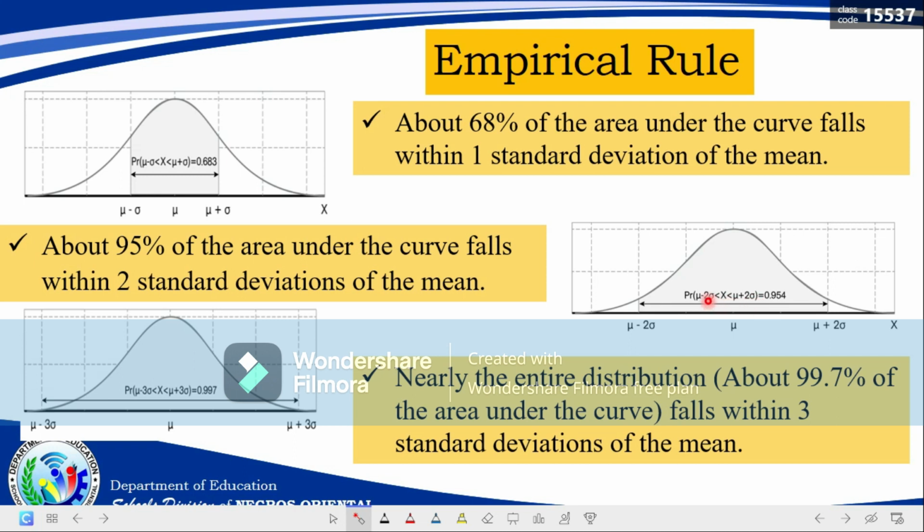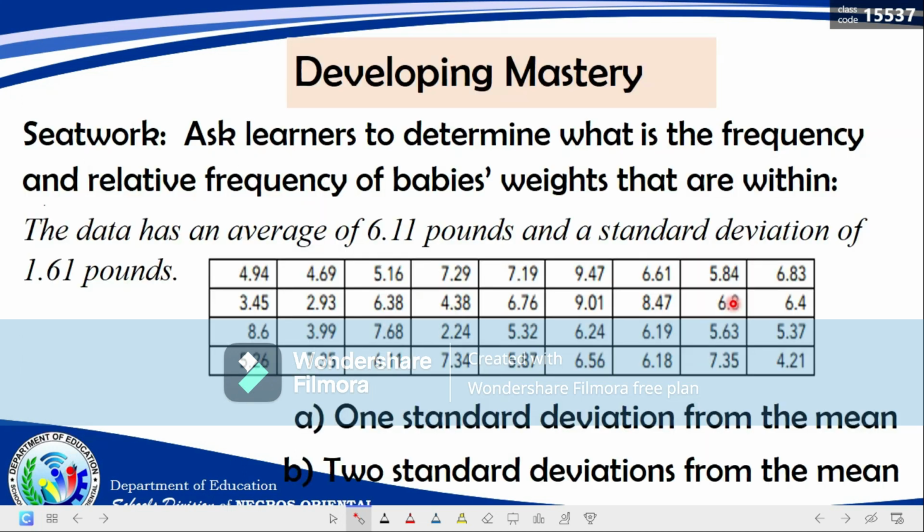Then you count the number of frequencies that fall in between that description. Then you're going to get the percentage afterwards. Okay, so that's your activity. You're going to write that in your activity notebook.